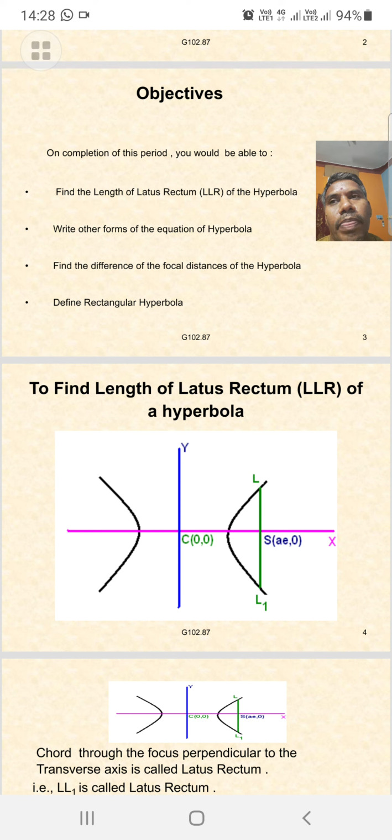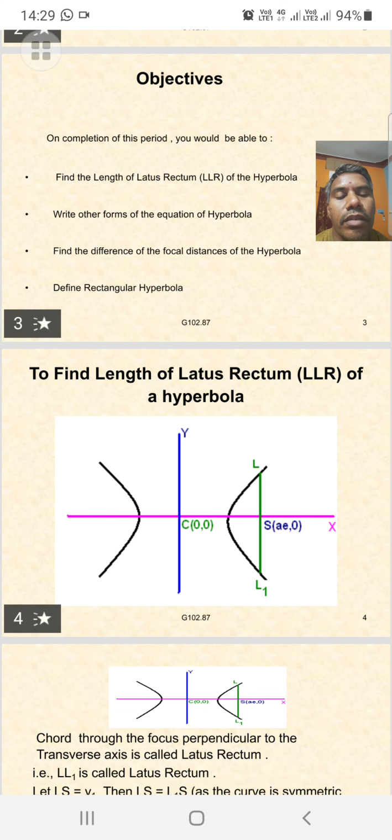If we only mention hyperbola, then we have to find the eccentricity from the given data or conditions. But whenever he says rectangular hyperbola, that means the eccentricity is included or given. The eccentricity is root 2.